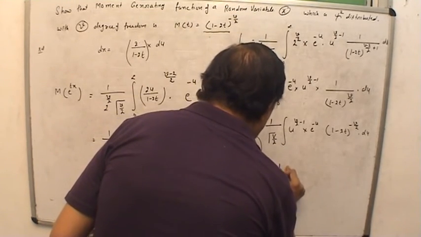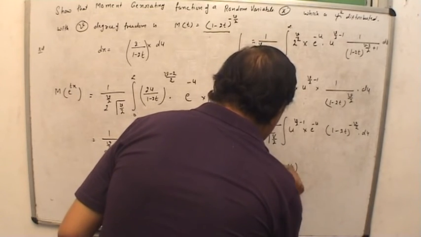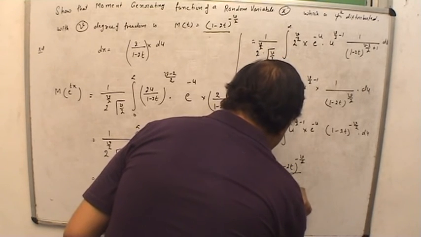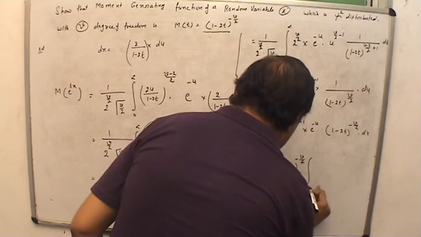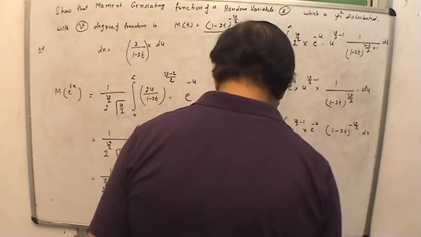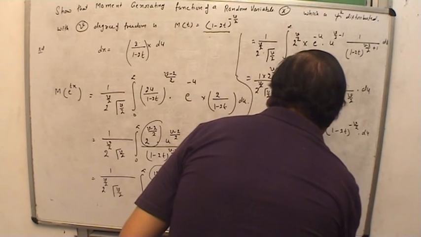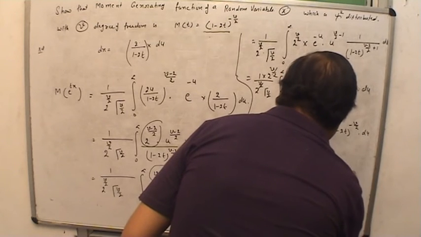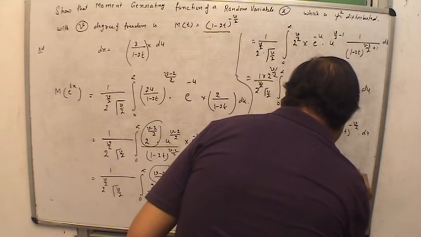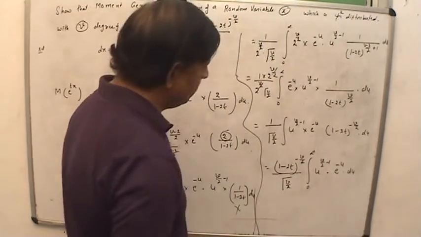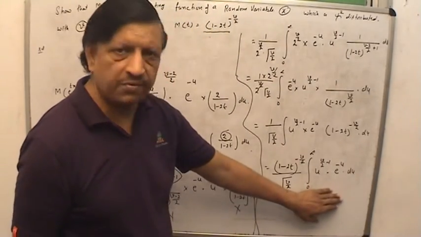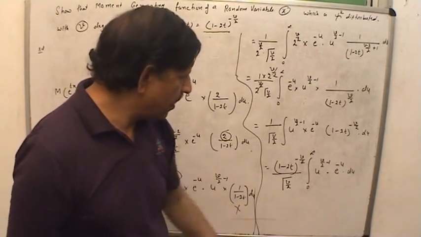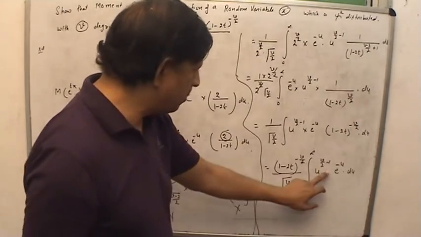That is equal to 1 minus 2t raised to the power minus v by 2 divided by gamma function of v by 2, integration 0 to infinity, u raised to the power v by 2 minus 1 into e raised to the power minus u into du. If we compare with the result in the starting, it represents the gamma function for v by 2.